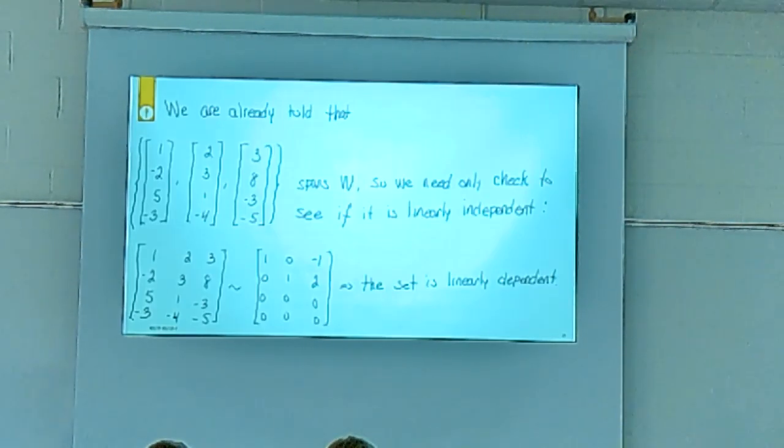What about the third column? So be careful, not column. Right, remove the third vector from the set.